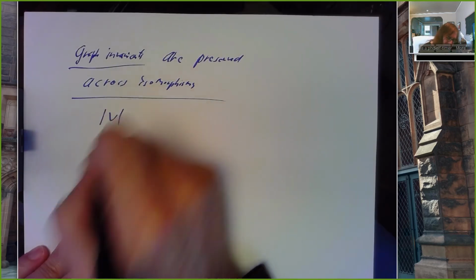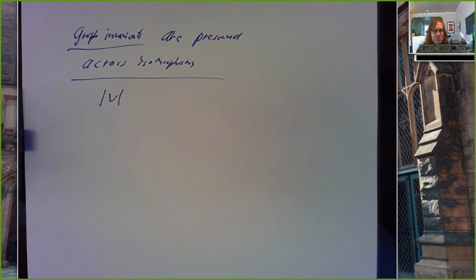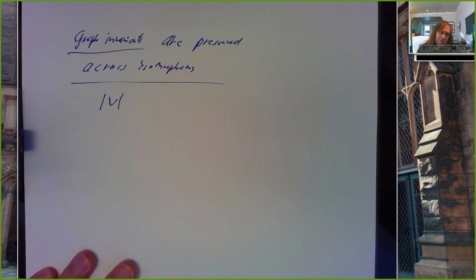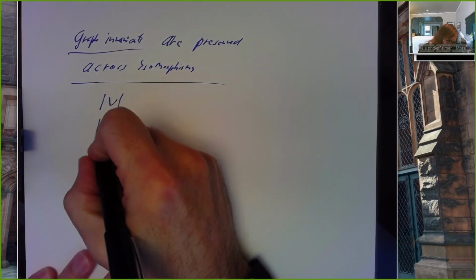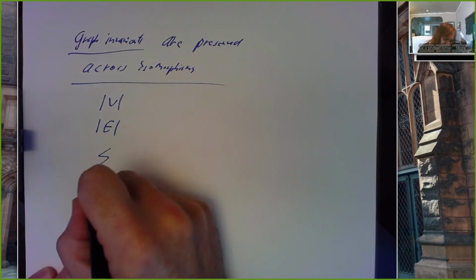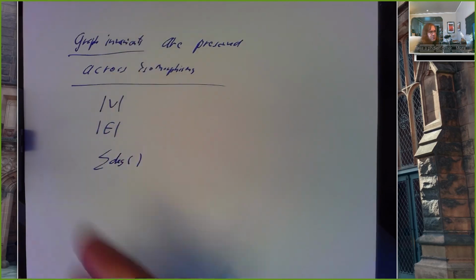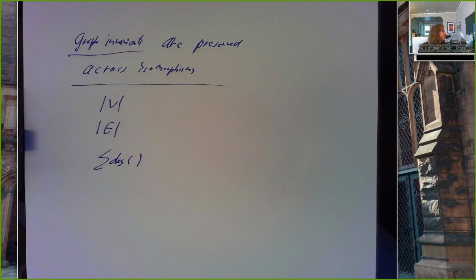For example, the number of vertices. No matter how we rearrange one graph into an isomorphic graph, the number of vertices will not change. Neither will the number of edges. Neither will the sum of the degrees, which we know because that's related to the number of edges.